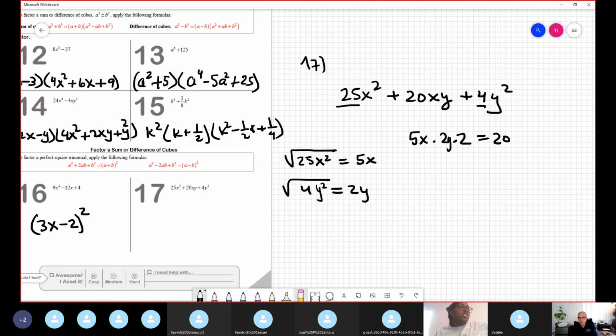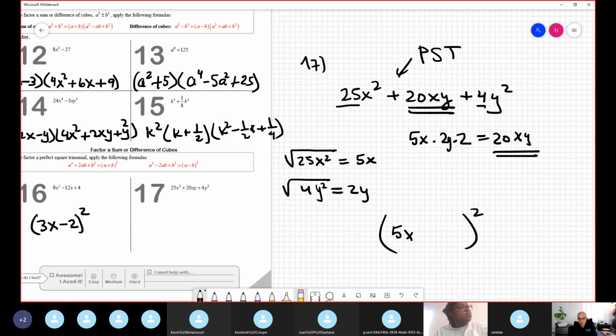Entonces xy, exactly the same as this. Look. So now I discover this trinomial is a perfect square trinomial. And the factorization has only one parenthesis, squared. They are twin brothers. That's 5x, 2y, and plus, because this sign is plus. End of the story. Super easy.